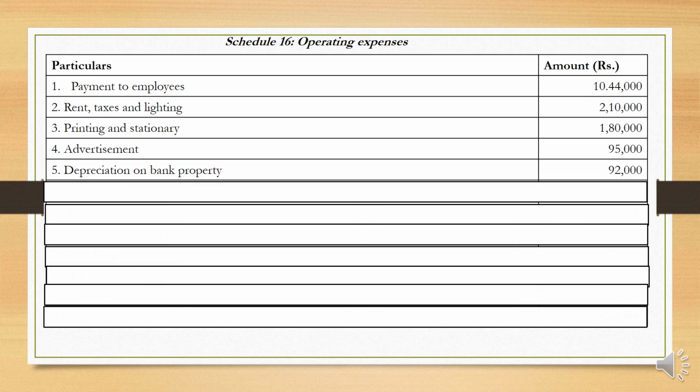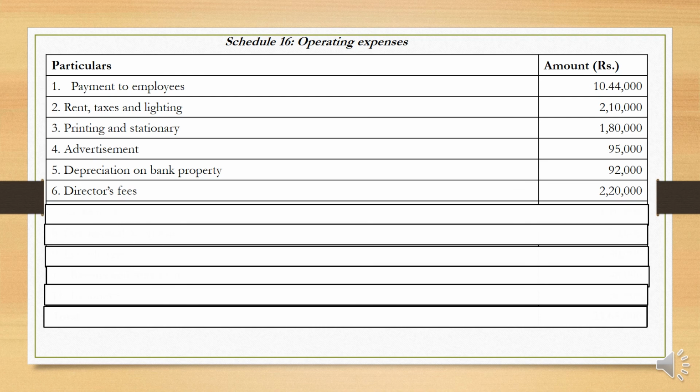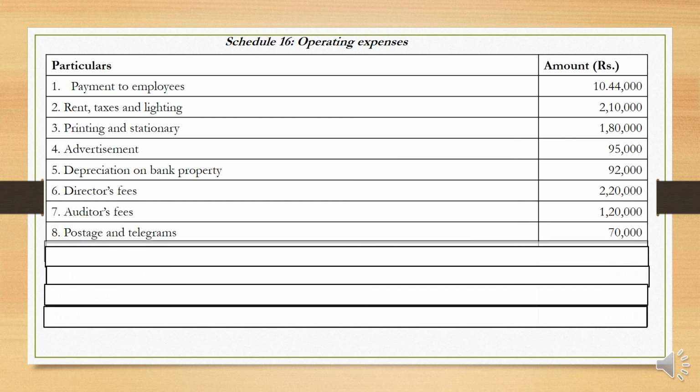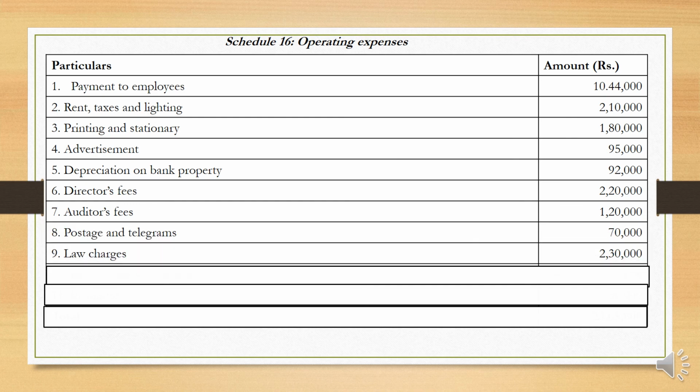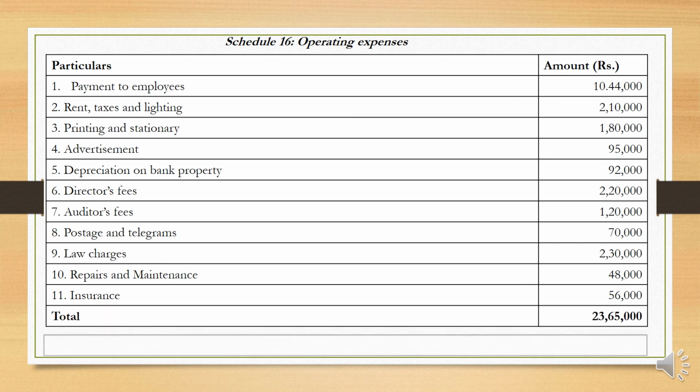Next, depreciation on bank property, which is 92,000. Then the directors fees 2,20,000. Next comes auditors fees, 1,20,000. Next comes postage and telegram 70,000. Then law charges, 2,30,000. Next comes repairs and maintenance 48,000. Next comes insurance, which is 56,000, and we get the total of 23,65,000.